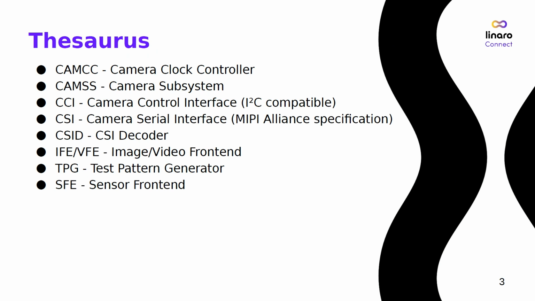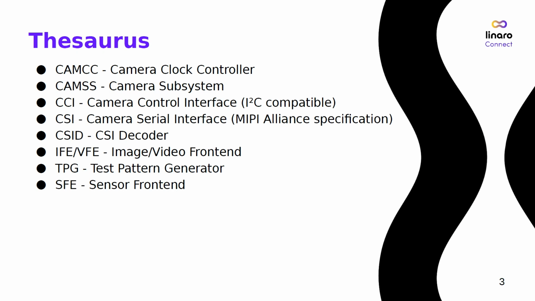First comes CCI. It's also a part of CAMSS, but it is defined in the MIPI CSI-2 spec. It's basically an I2C compatible bus. CSI, the serial interface to communicate with sensors, also comes from the MIPI spec.